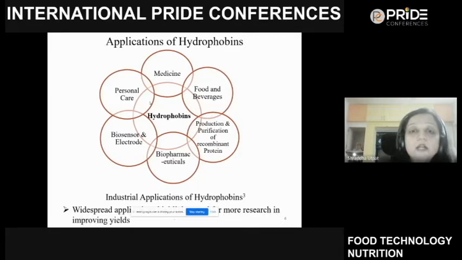Nowadays people are trying applications of hydrophobins in medicine, like making antifouling utensils by layering hydrophobins on the surface.